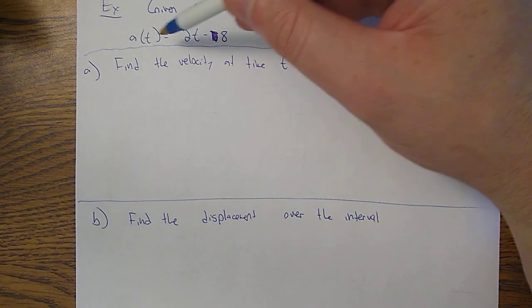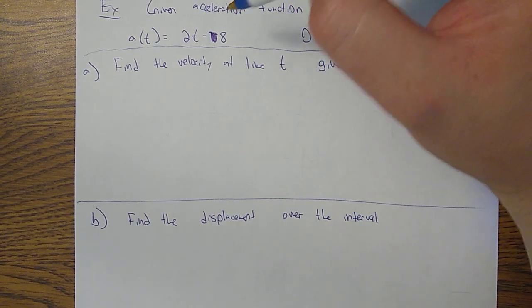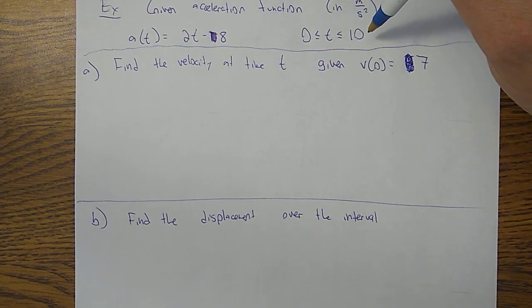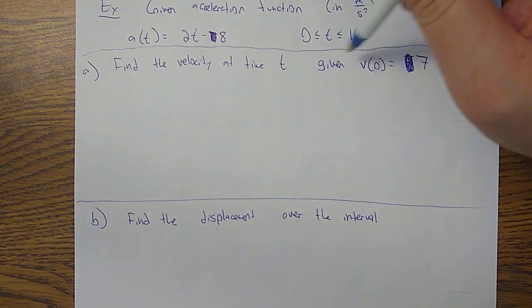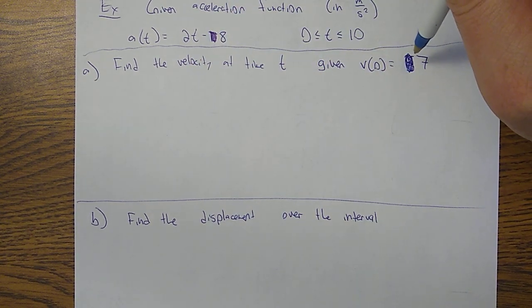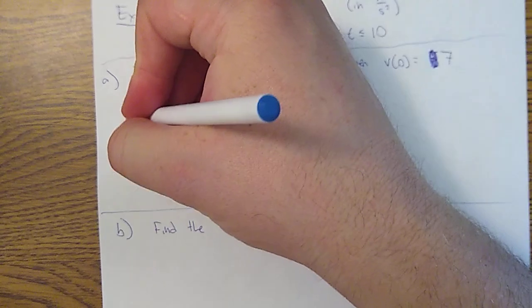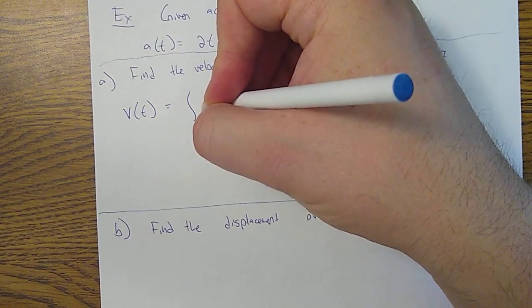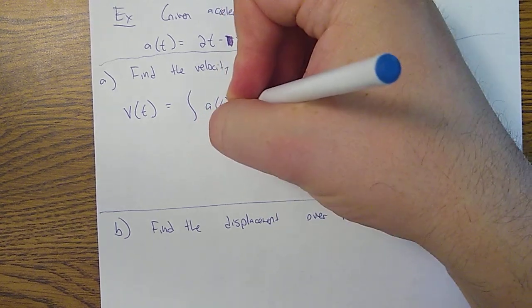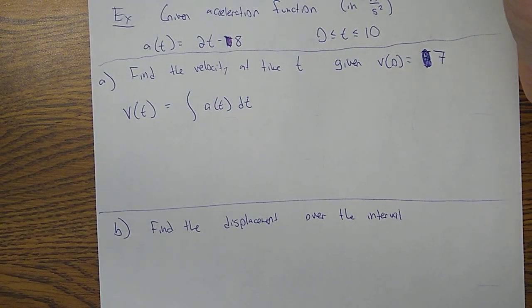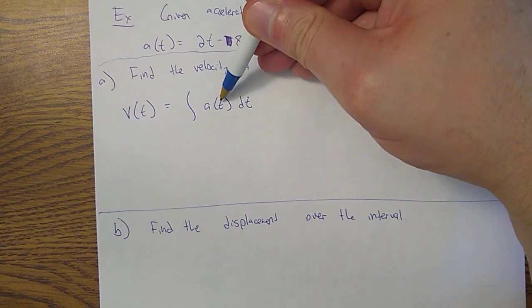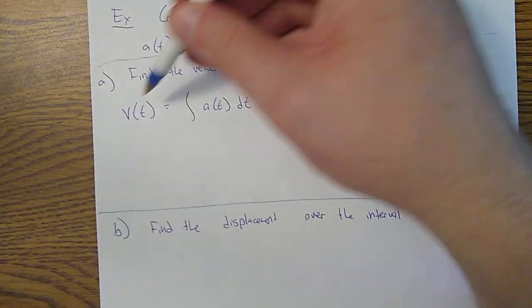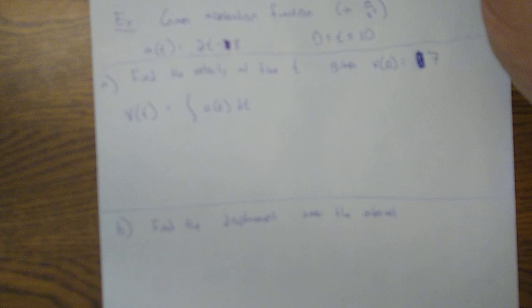So anyway, here we're given the acceleration function over a time interval, and then we want to find the velocity function. Basically, I'm just going to do the antiderivative, because acceleration is the derivative of velocity, so velocity is the antiderivative of acceleration.